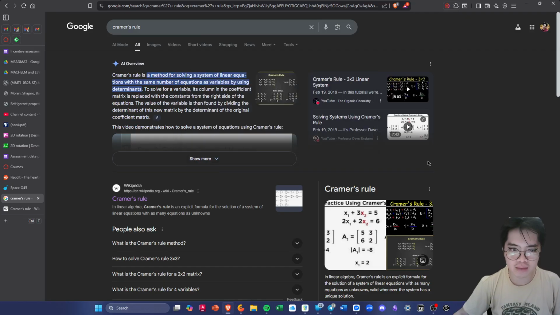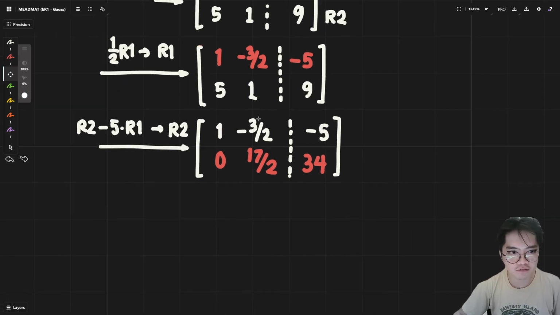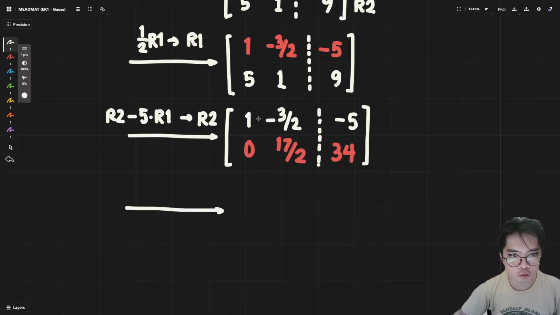But now I will make this 1, right? So I will now divide everything in row 2 by 17 over 2. So I will multiply everything by 2 over 17. It does not matter that this is very complicated so long as it is a number.